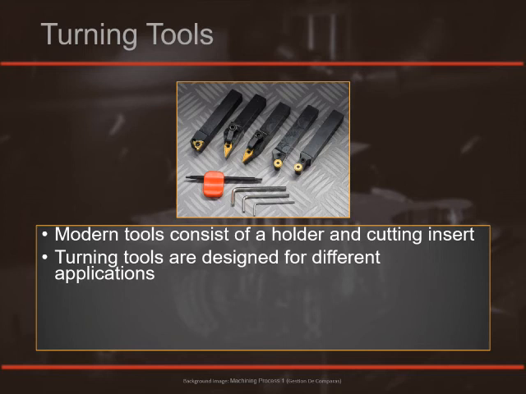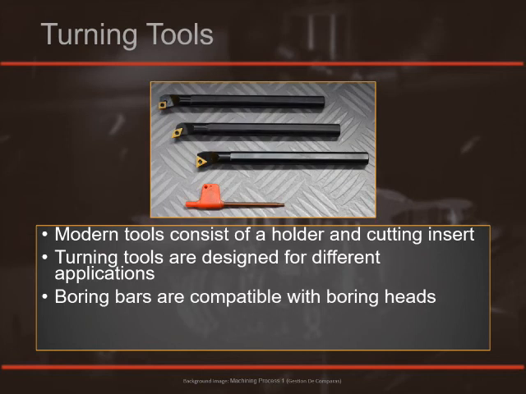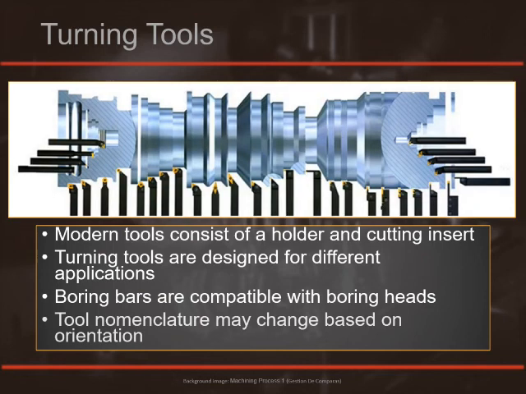It goes straight in from the outside diameter. The following two tools are a left-hand and a straight-in form tool with a circular-shaped cutter to make concave shapes. The boring bars used with a lathe are compatible with the ones used for a boring head.